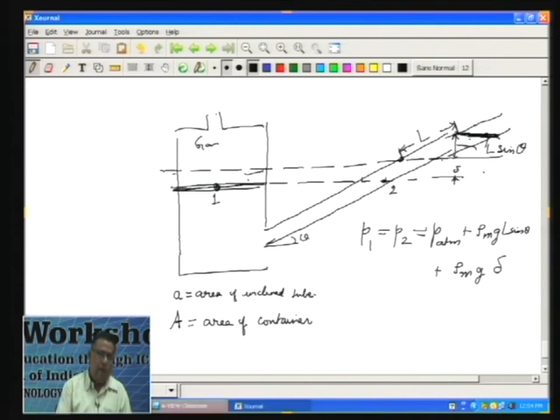So, from conservation of volume of this liquid, you are going to have A into delta. See, this height delta means this is also delta. A times delta is the volume of liquid which has been pushed down from this dotted line. So, this will be equal to the small a into L, which means that delta is a upon A into L, which we can substitute over here.